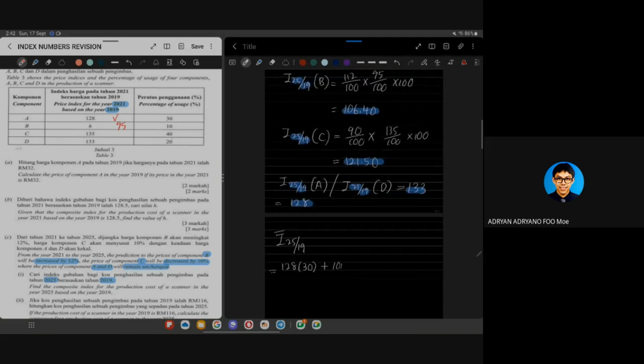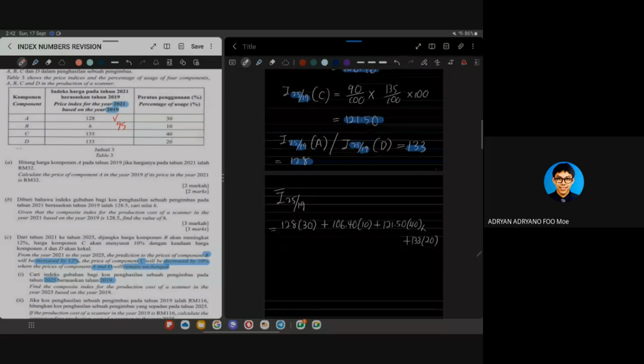B is 106.40 times 10 plus C. Look back, C 121.50 times 40. Plus D, which is 133 times 20.